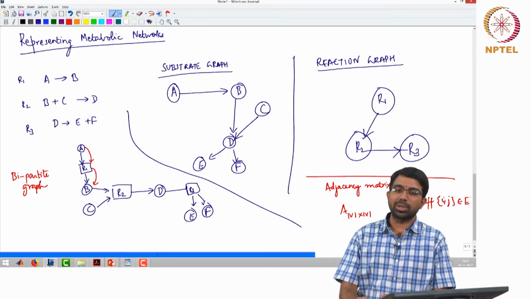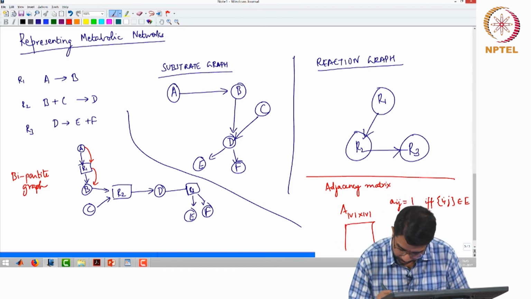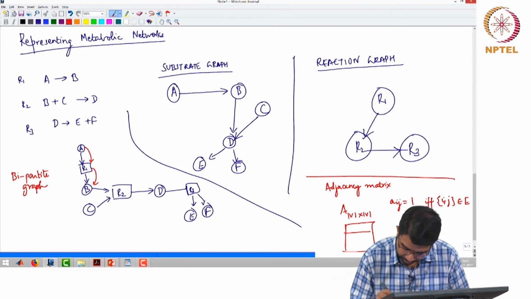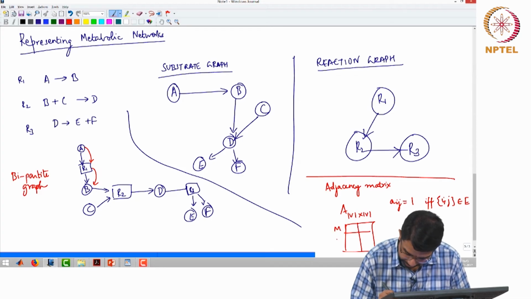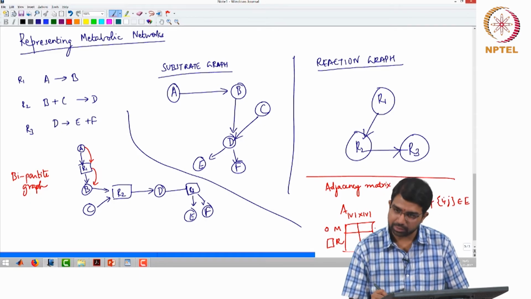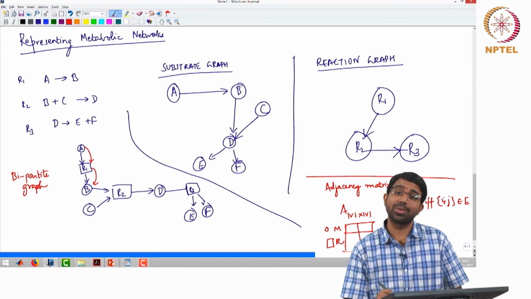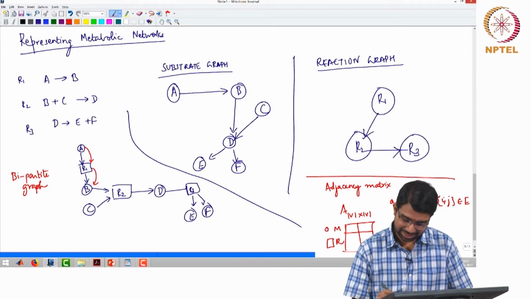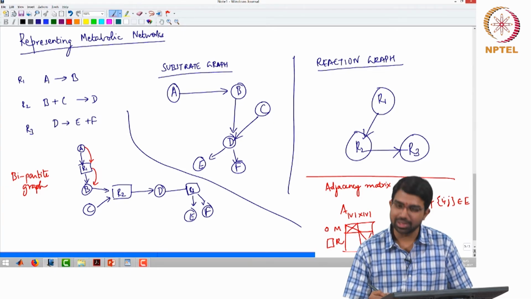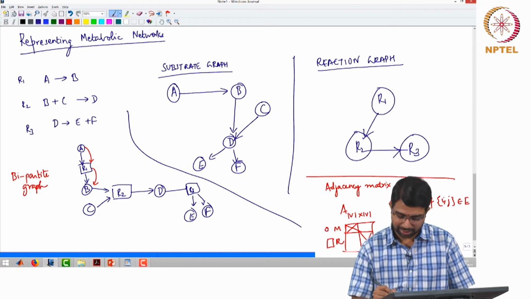How will it look in a bipartite graph? If I said these are my metabolites and these are my reactions, your circles and your rectangles, how will the adjacency matrix look like? It will be block off-diagonal. This will be 0, this will be 0, no intra-partition links.